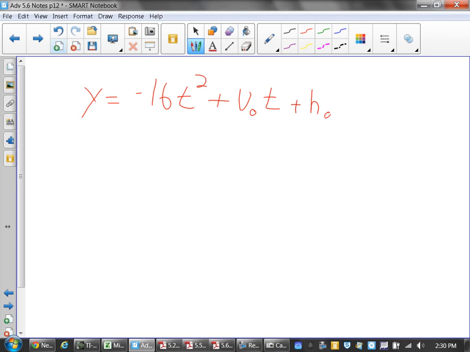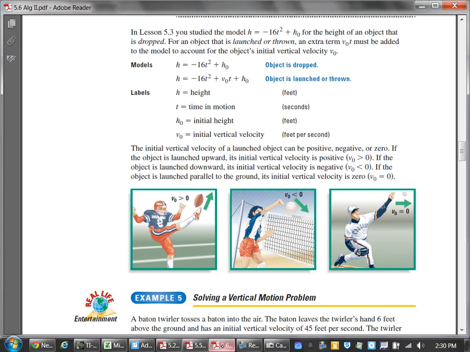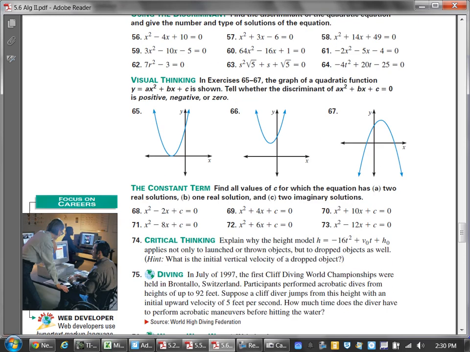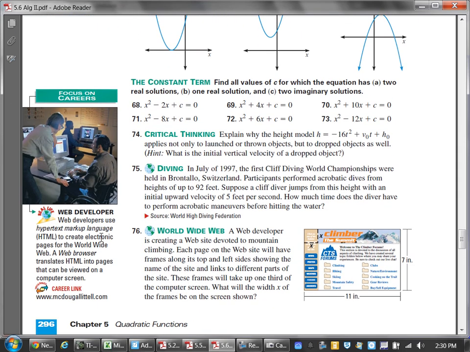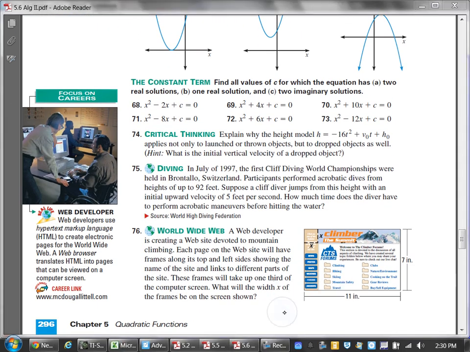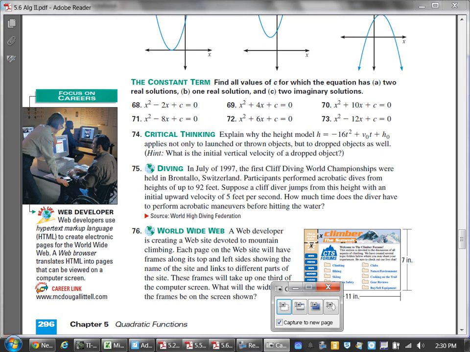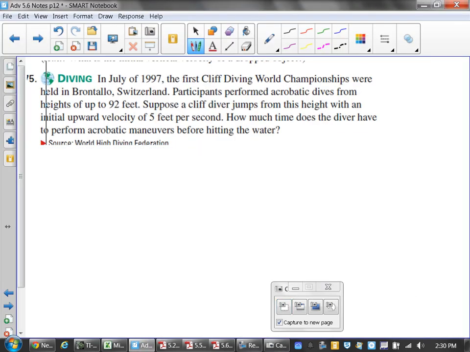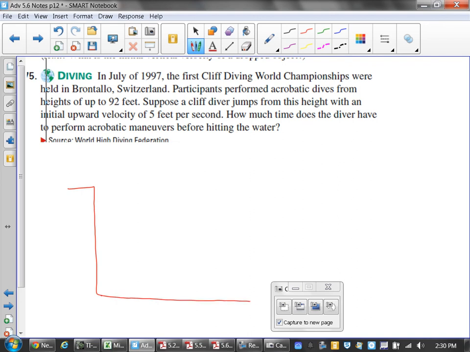In the problems you're looking at in 5-6, was the first one. So you give us the formula, but not tell us which is which? Yeah. If I'm looking at 75, you're talking about cliff diving. You're 92 feet up in the air, and you have an initial velocity, which means you're jumping up.